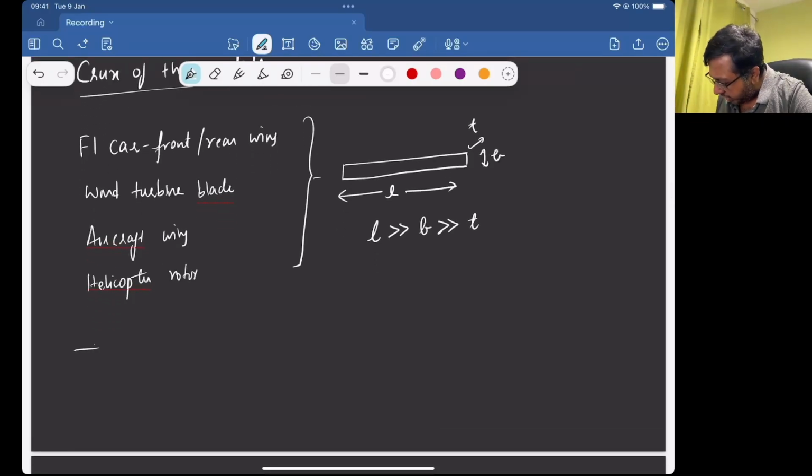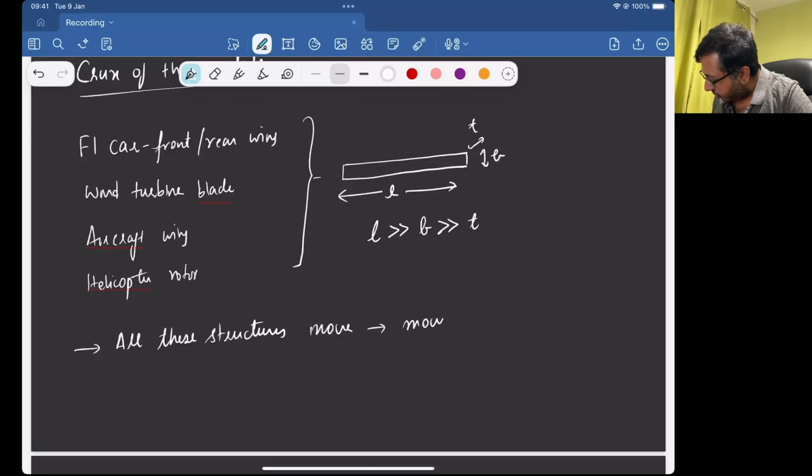All these structures move, and they don't move in any way, but they move periodically about a mean.